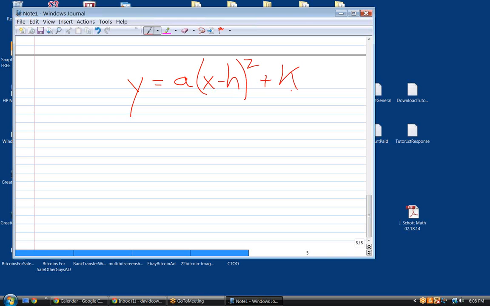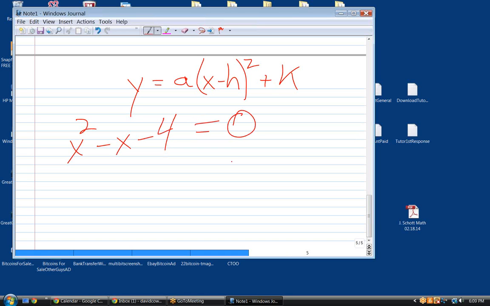The reason you might want to put a quadratic that is in standard form into vertex form is because you immediately know where its vertex is. So let's take that last quadratic that I just said didn't factor, and put it in vertex form.